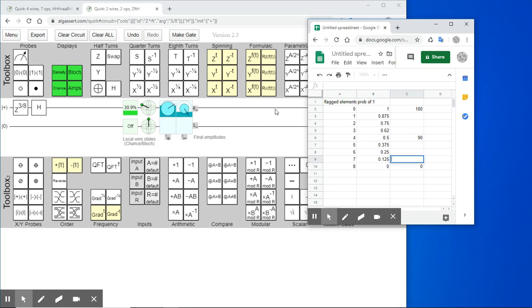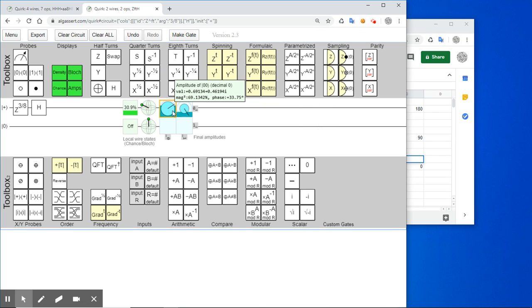Okay, so if I rotate, that's purely on the face. Oh, wait a second. Okay, but there's a global phase. 90 degrees all the time.